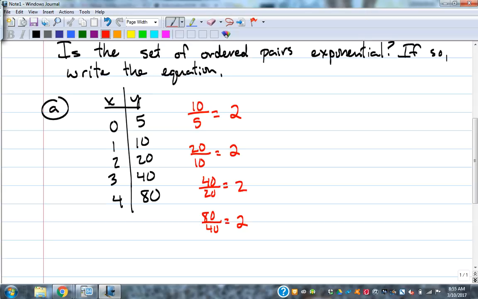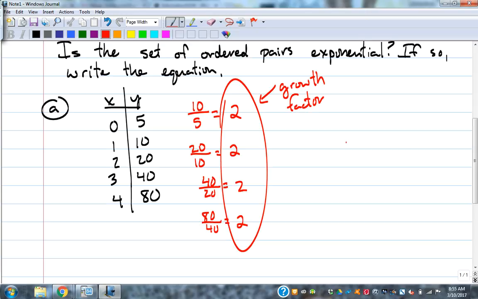The ratio of the y values is the same every time. What that means is that is your growth factor. The growth factor would be 2. If the ratio of your y values, when you take them in order like that, is the same every single time, that ratio is your growth factor.